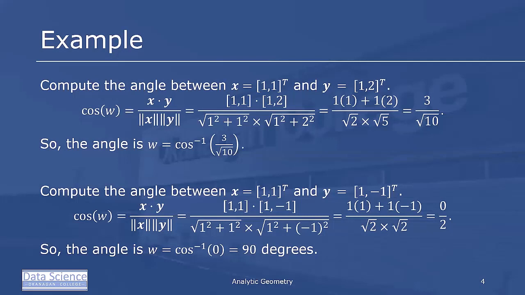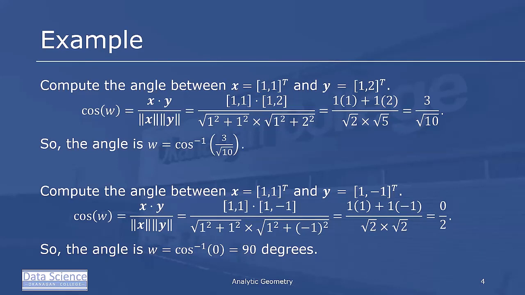Let's go ahead and compute a couple of angles. First, we'll start by computing the angle between the vector x = (1, 1) and the vector y = (1, 2). The length of x is going to be 1 squared plus 1 squared, so root 2. And the length of y is going to be similarly root 5, which means x dot y over the norm of x times the norm of y is going to be (1, 1) dot (1, 2) divided by root 2 and root 5.